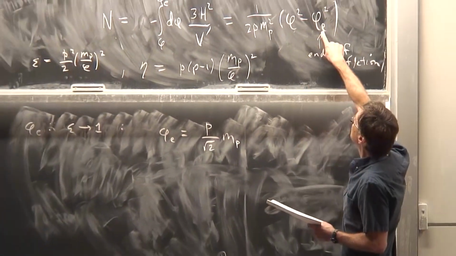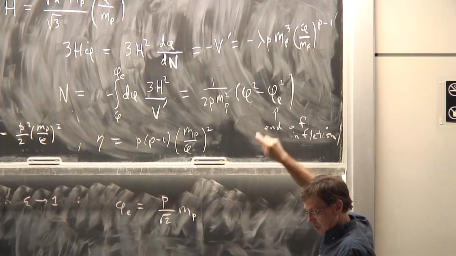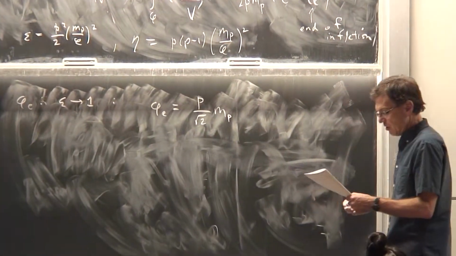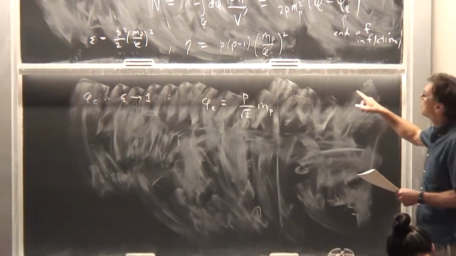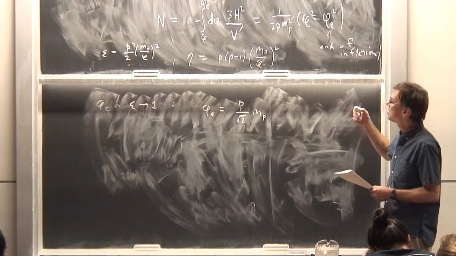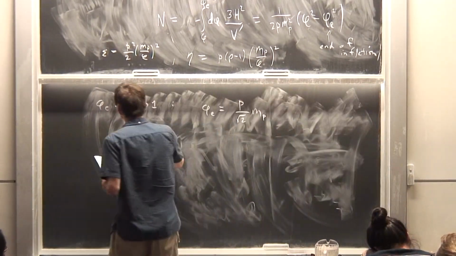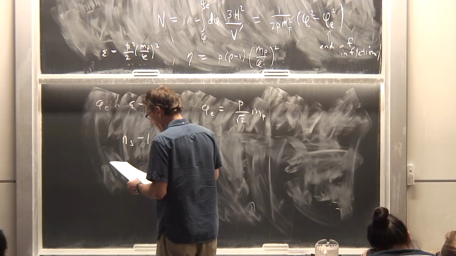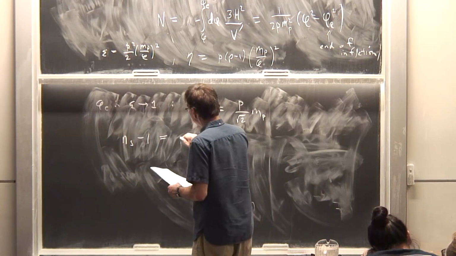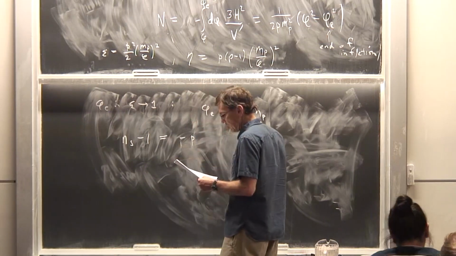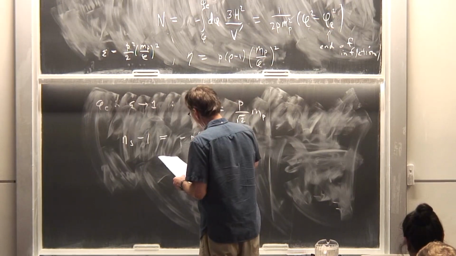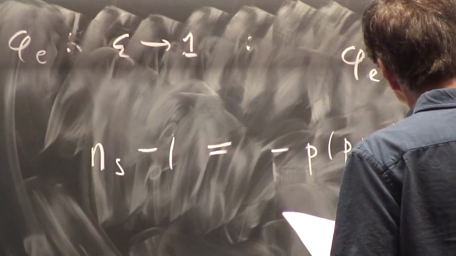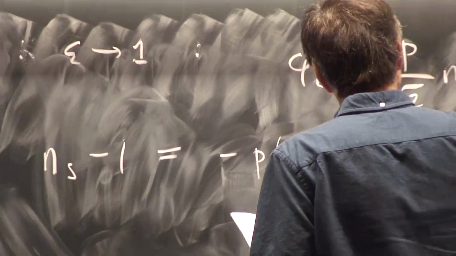So now we can write something explicit for this. And then we can plug into our formula for the spectral index, which was some combination of epsilon and eta, and find that n_s minus 1 is minus p plus 2 times m Planck over phi star squared.